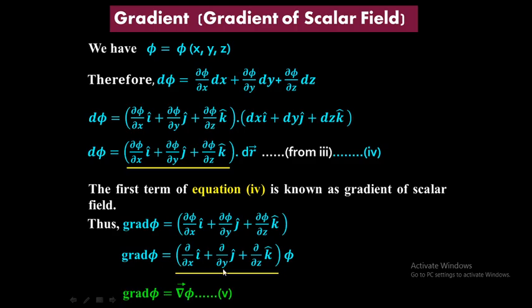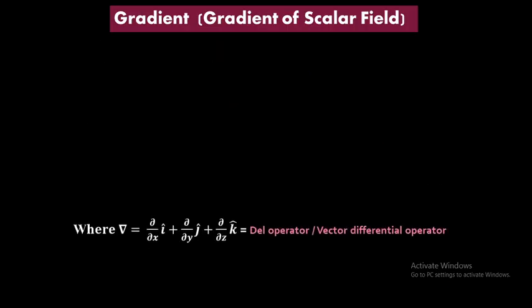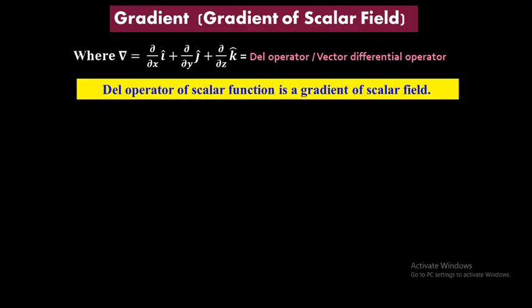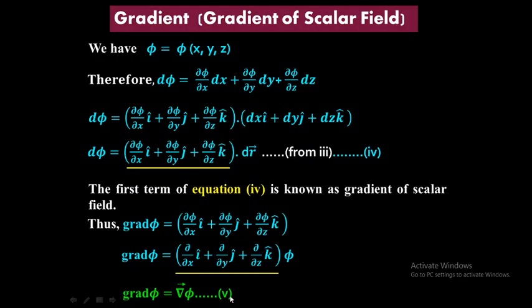So this is the definition of the gradient of a scalar function. It can be defined in one line: the del operator acting on a scalar function is nothing but the gradient of the scalar field. It is mathematically expressed as equation number 5.